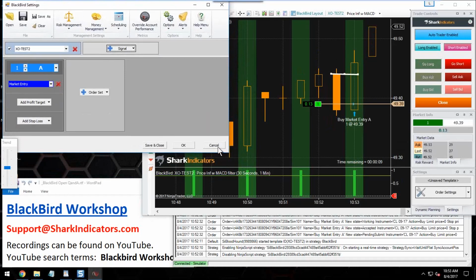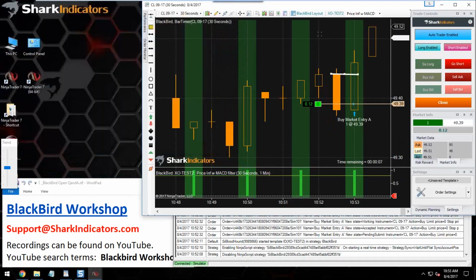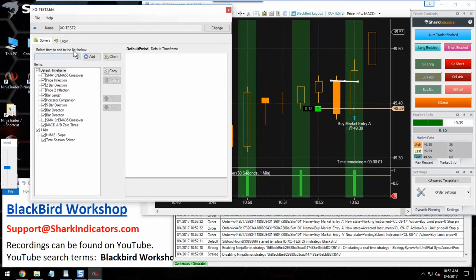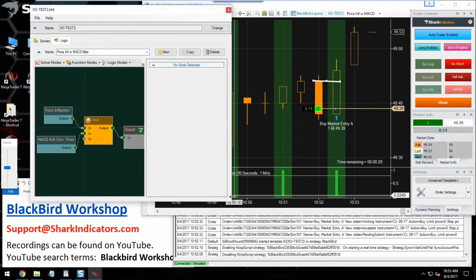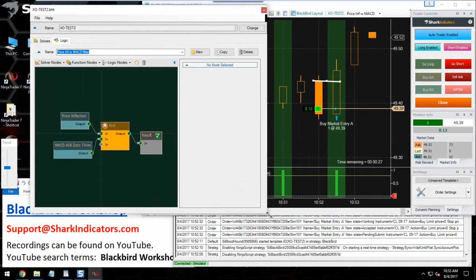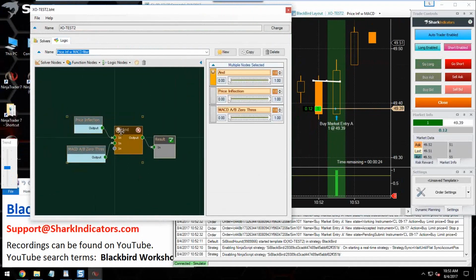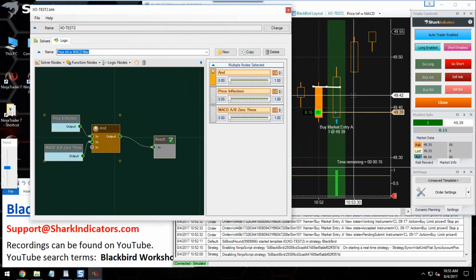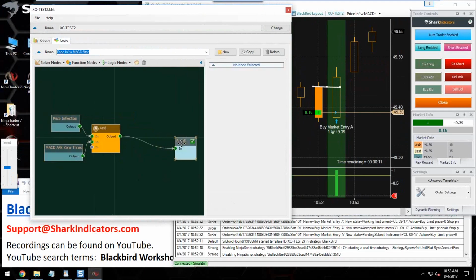Oh, yes, I did overlook something in my BloodHound logic. Since I'm having to put BlackBird in calculate on bar close false, what's happening is I'm getting signals intra-bar. As soon as I get a reversal, I'm getting signals intra-bar.